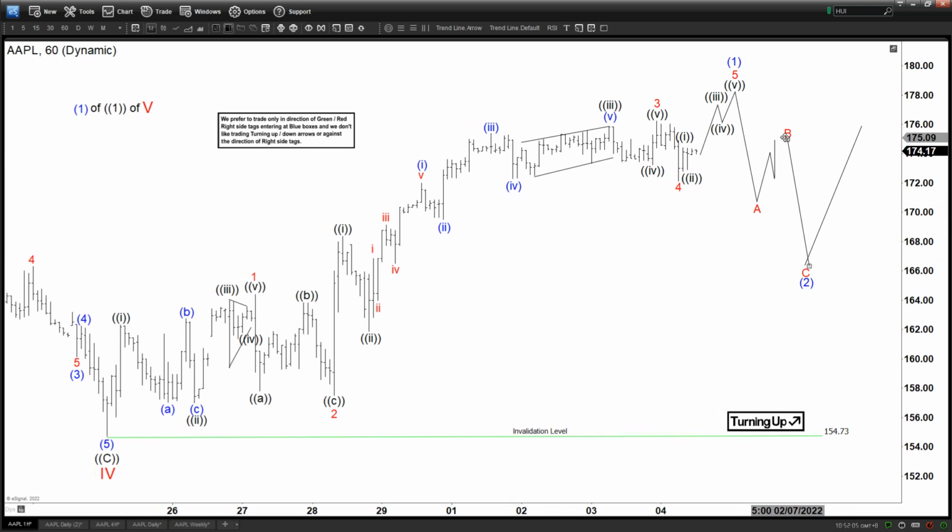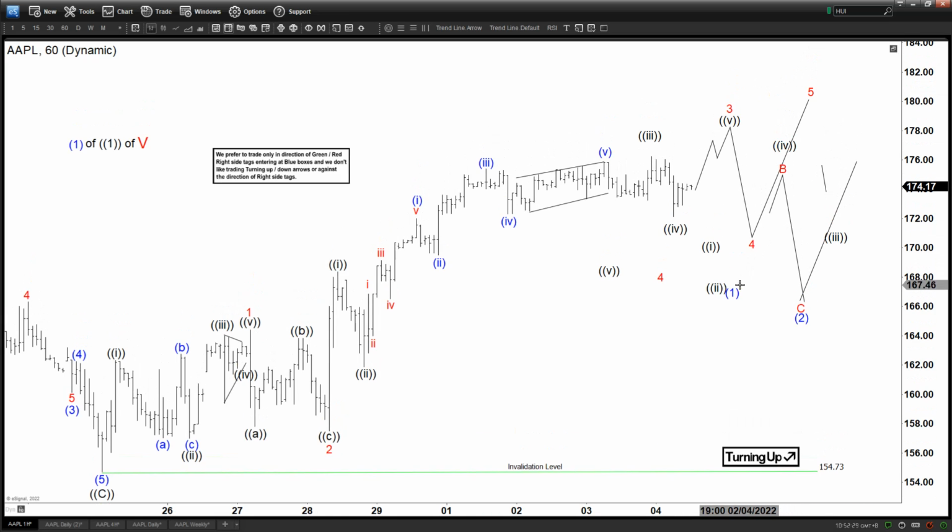One possible alternate, for example, is the idea that we are only ending 3 in black here, and this is your 4 in black. So that means we're going to be ending 5 of 3, followed by 4 and a 5 before we finish this big one in the intermediate degree like this, and do a 2 in blue and rally again.